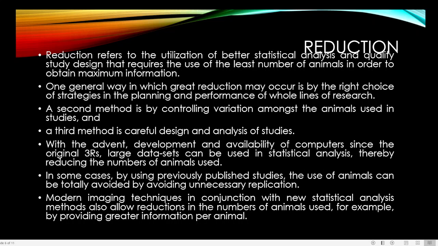Then there is no sense in doing the same research on another rat or a monkey or a horse or any other group of animals by simply repeating the same result. So if you want to do the same work, instead of going for extensive killing, maybe with one animal we can check whether that result is accurate. So that way we can greatly reduce the number of animals being killed by doing a proper background check.